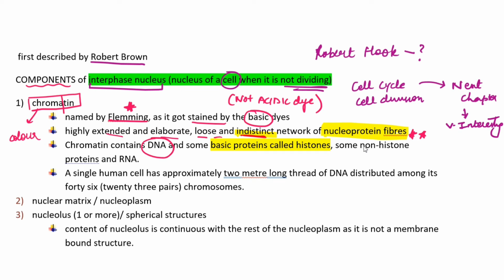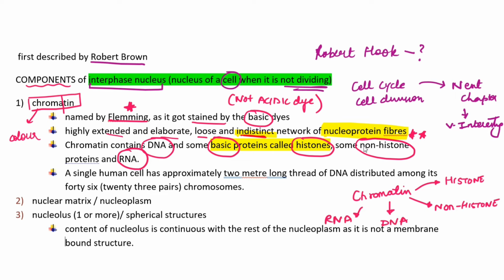So chromatin has DNA, RNA, histone proteins, which are basic, and non-histone proteins. Important. Okay, histone, non-histone, DNA, RNA, all this comprise the chromatin.